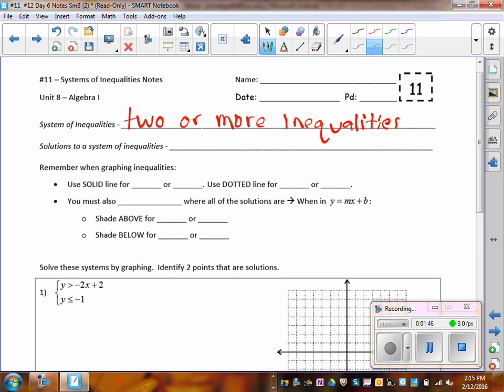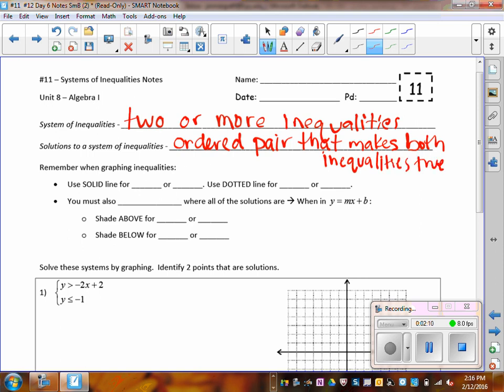So solutions to a system of inequalities is an ordered pair that makes both inequalities true. So it's not just one solution that makes one inequality true.